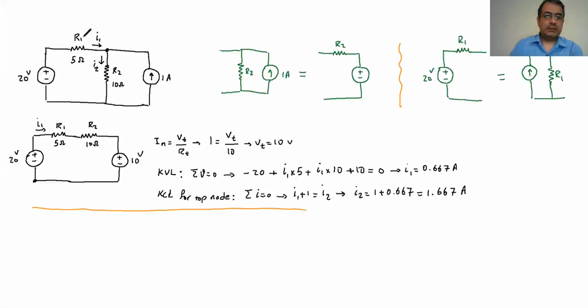This time I change these sources here and replace these two with a current source, and because the positive is up, the arrow goes up. Then I have the same resistance in parallel, R1, which is 5 ohm.